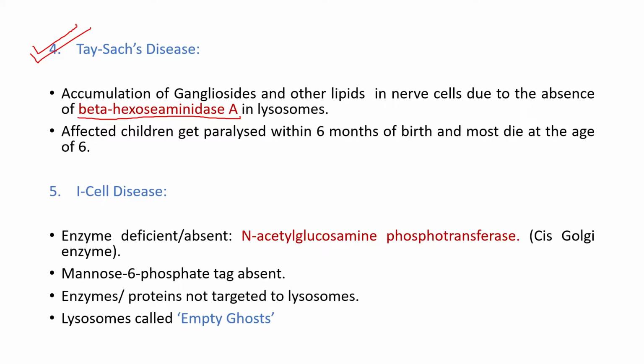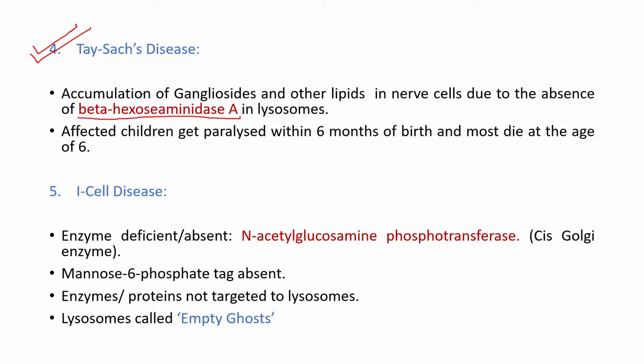Sometimes they are going to ask what accumulates when there is a Tay-Sachs disease condition. So you need to be very thorough with this enzyme and the symptoms, the accumulation of gangliosides, and the effect of Tay-Sachs disease, and you have to go through this thoroughly.